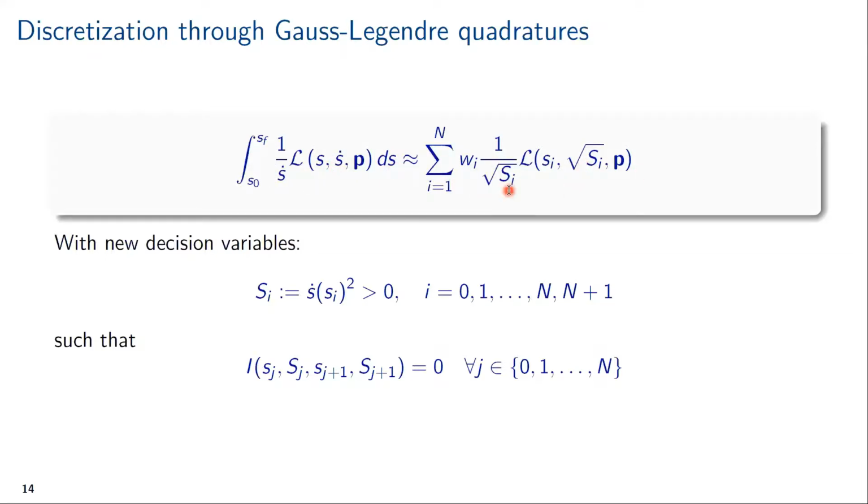But we need to know the velocity of the motion generator, so s dot. In order to do this, we introduce a new set of decision variables, capital S_i, which are then defined as the velocities of the motion generator, squared, evaluated at these node points, as well as the initial point and the final point, so with subscripts 0 and m+1. The dynamics may now be checked in terms of these integral functions.